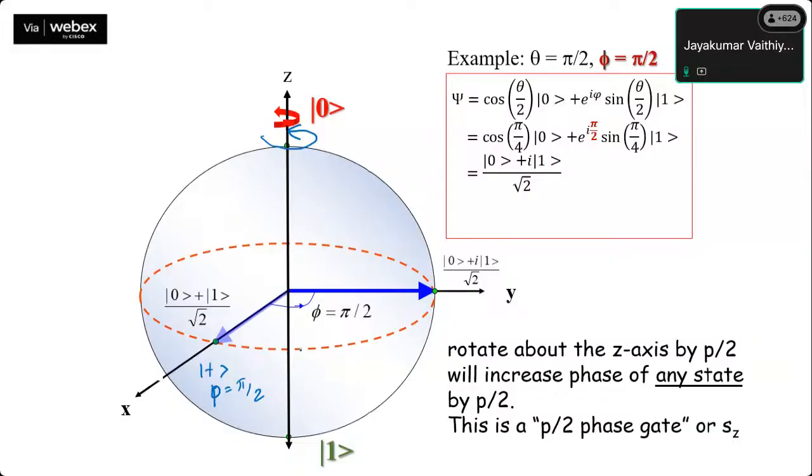Imagine this z-axis rotating clockwise, sorry, anti-clockwise. So this y-axis is called positive I, or simply ket I.